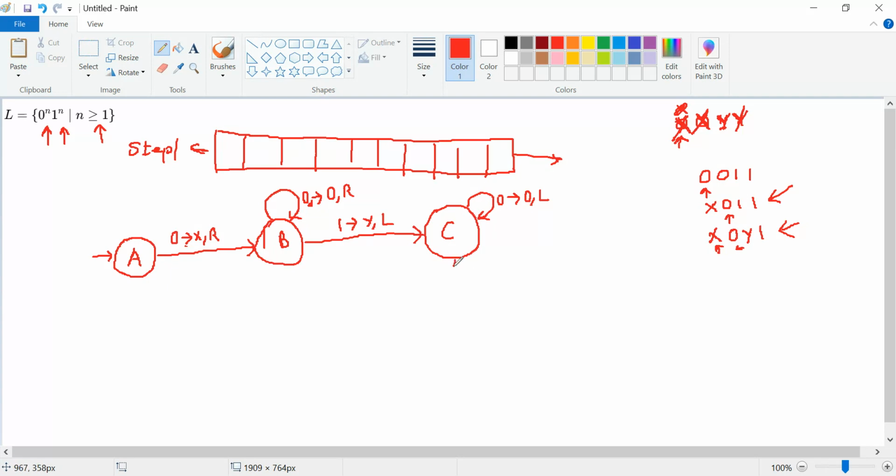I'm restarting: in the first state when I saw a zero, I crossed it as x and then moved right. So here when I see an x, I have to move right and see the next zero and cross it off. So I have to go to the start.